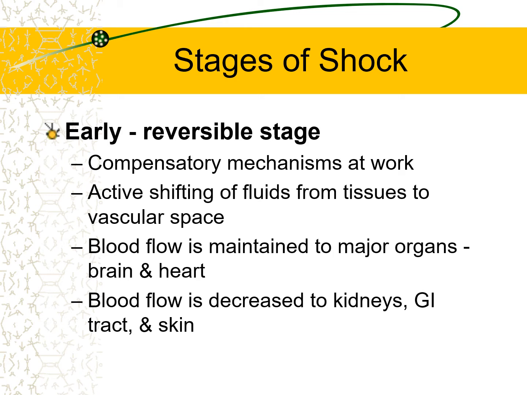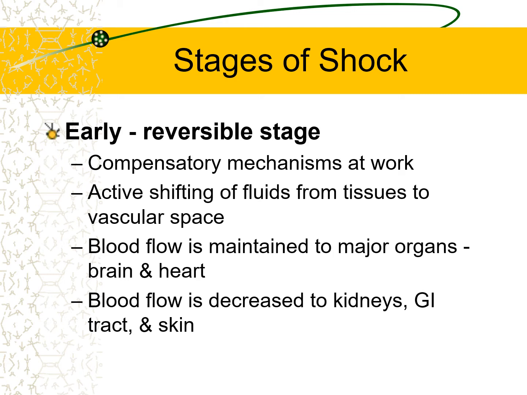Blood flow is maintained to the major organs, that being the brain and the heart. So we really do see active mechanisms to maintain that blood pressure and that perfusion to the vital organs.